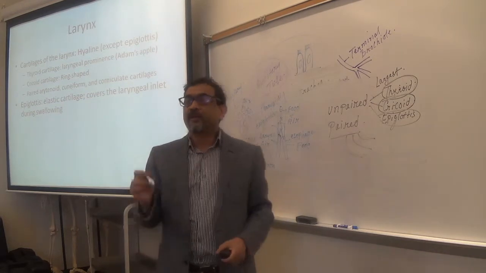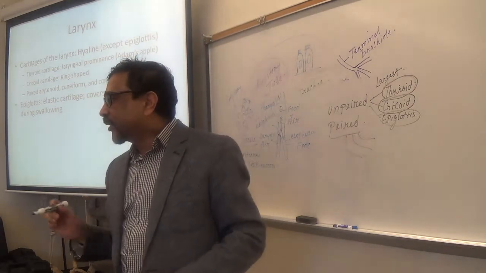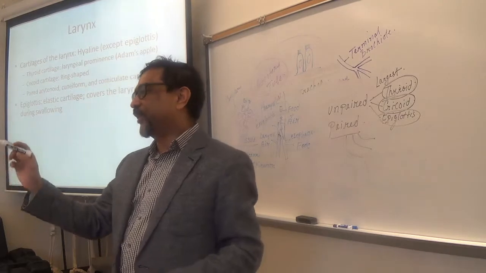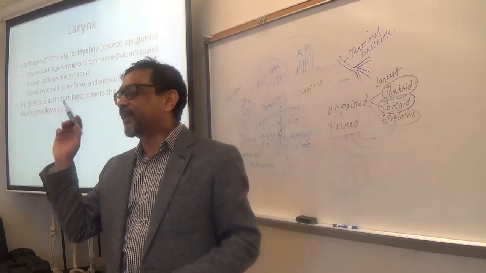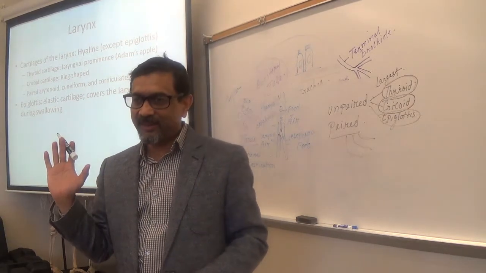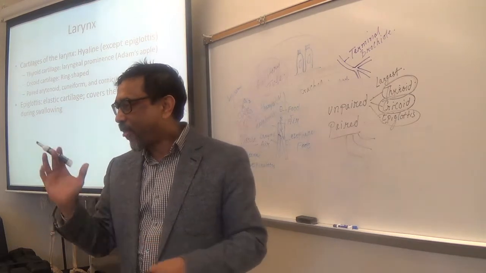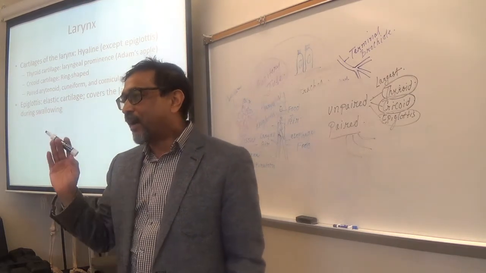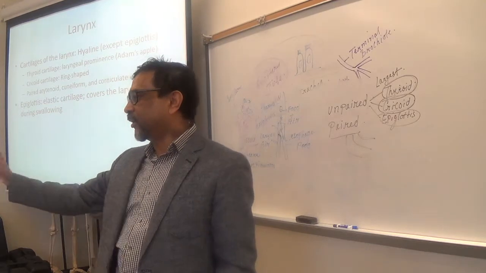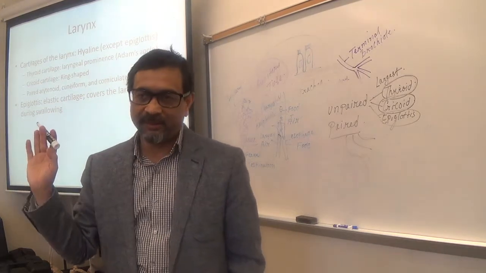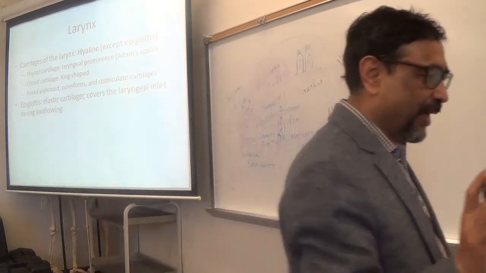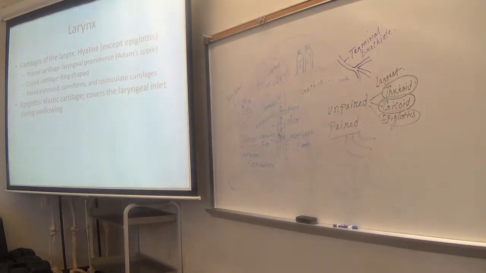So remember, only epiglottis in your respiratory system is elastic cartilage. It has a lot of flexibility. All other cartilages are hyaline. Only epiglottis is what? Elastic, right? E, E. Epiglottis is elastic. All other cartilages are what? Hyaline type.